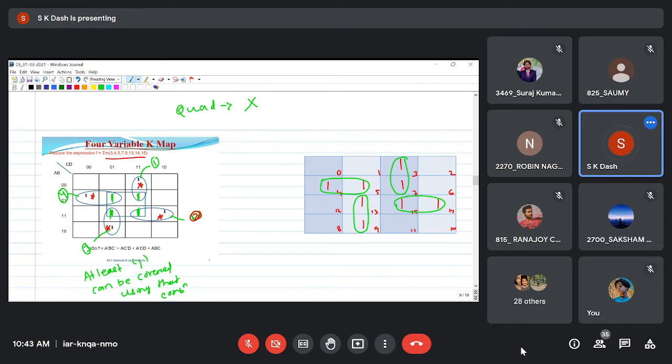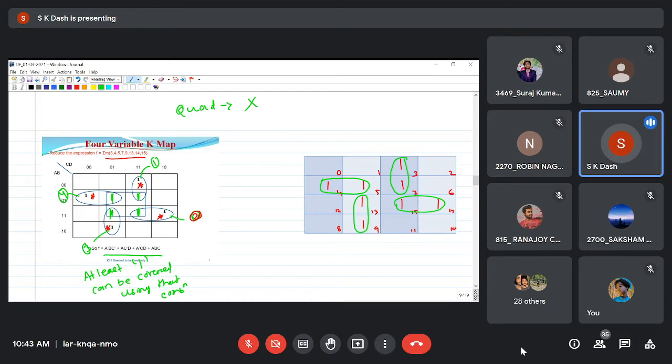The quad is a bigger combination, but because it is not essential and all the ones are already covered, we will not go for the bigger combination. So the result will be these 4 pairs. This expression is mentioned here.